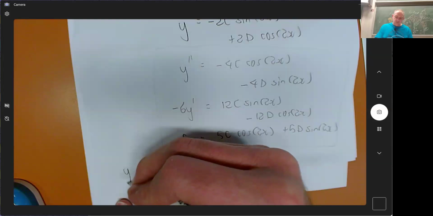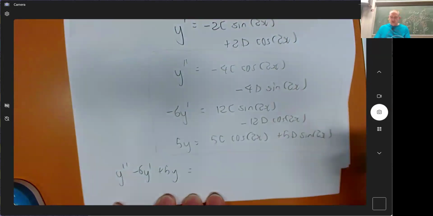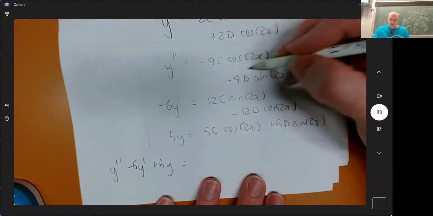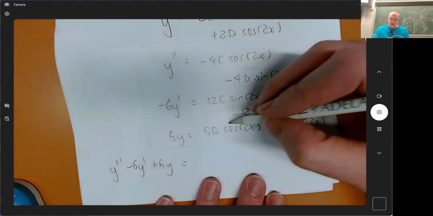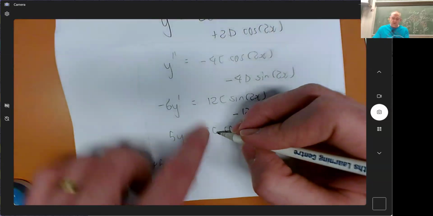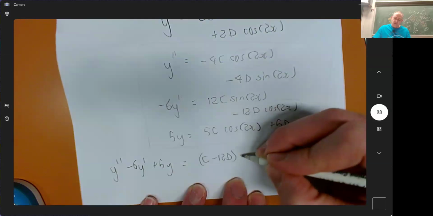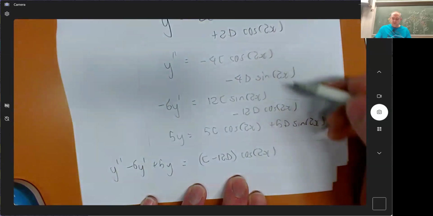So y double dash minus 6y dash plus 5y comes out to, let's see. So the cos of 2x, I've got minus 4c and minus 12d and plus 5c. So that's 5c minus 4c is c minus 12d. That's how many cos of 2x's I have.